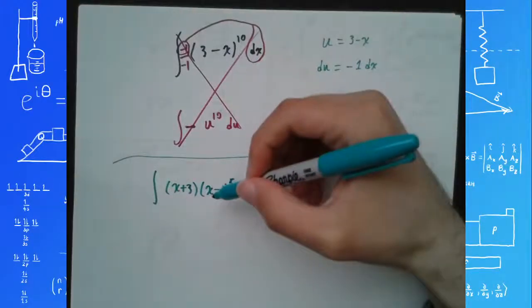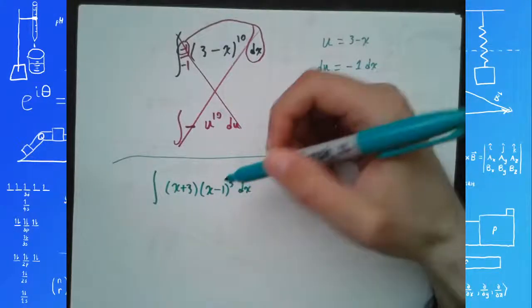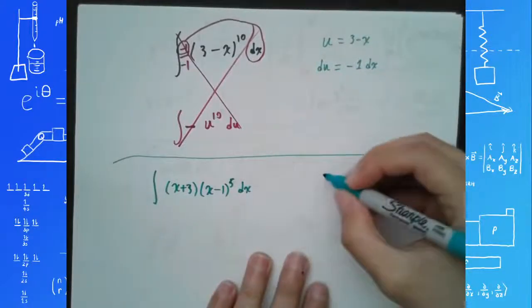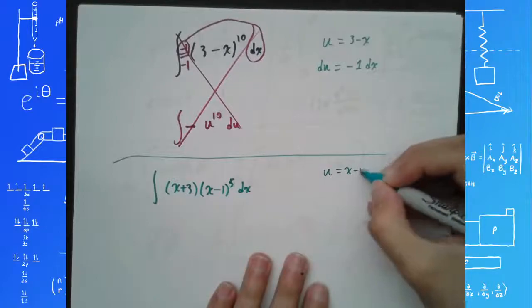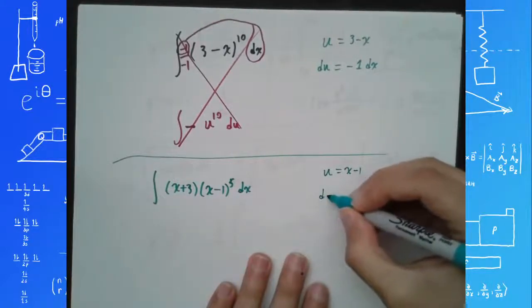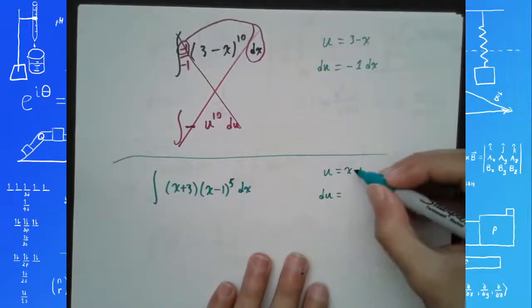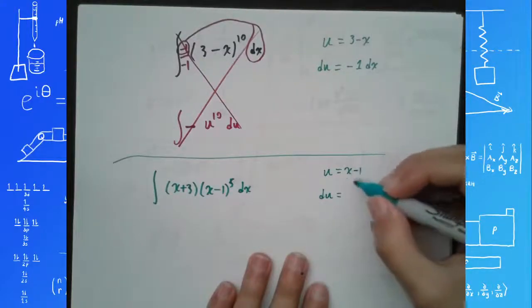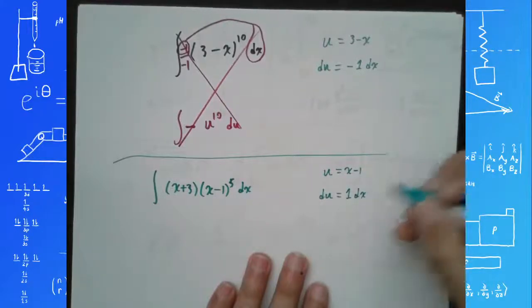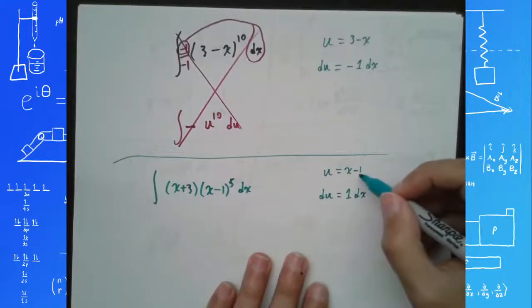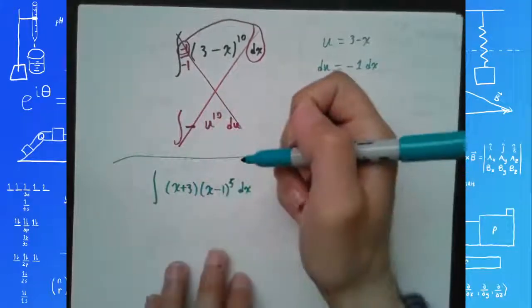So I would want to get a u to the 5th here. So I would do u equals x minus 1. And then du equals, well, the derivative of x minus 1, the derivative of x is 1 dx, or just dx, and the derivative of -1 is nothing.